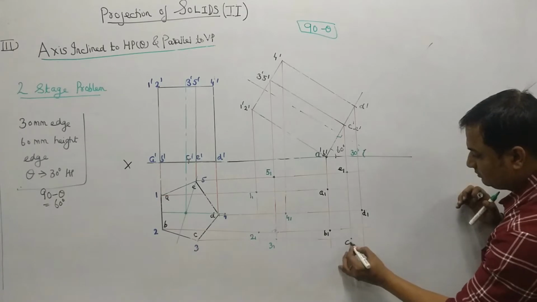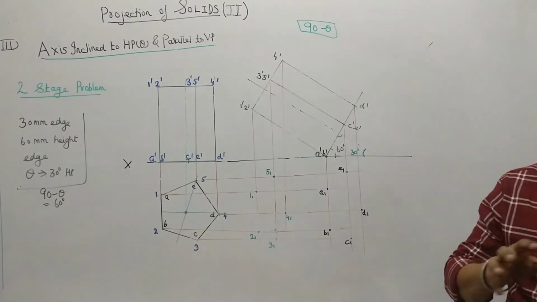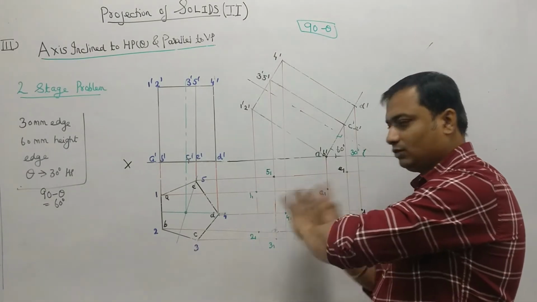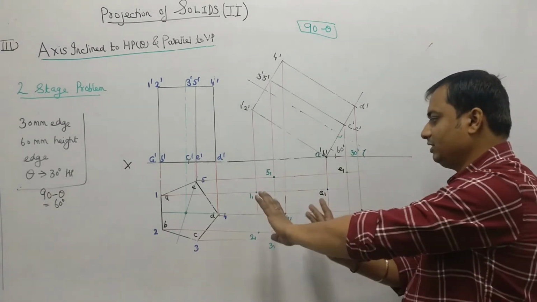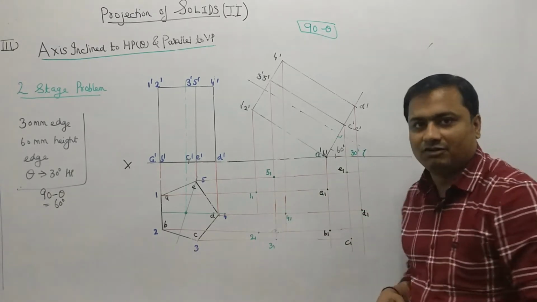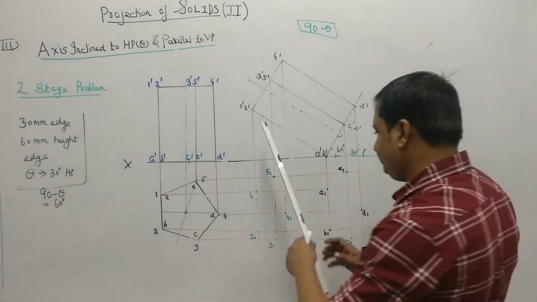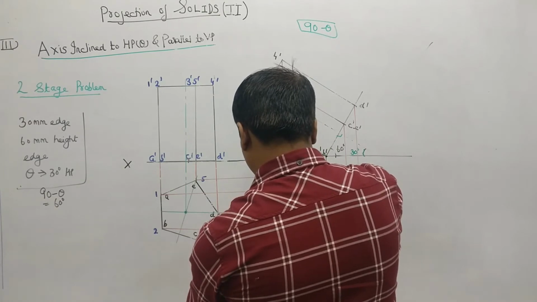This is C1. So when you mark the intersection points, automatically you will be getting the 5 numbers along with the 5 alphabets. So these are the 5 numbers, 1 to 5. These are the 5 alphabets. So first you have to join 1, 2, and so on.